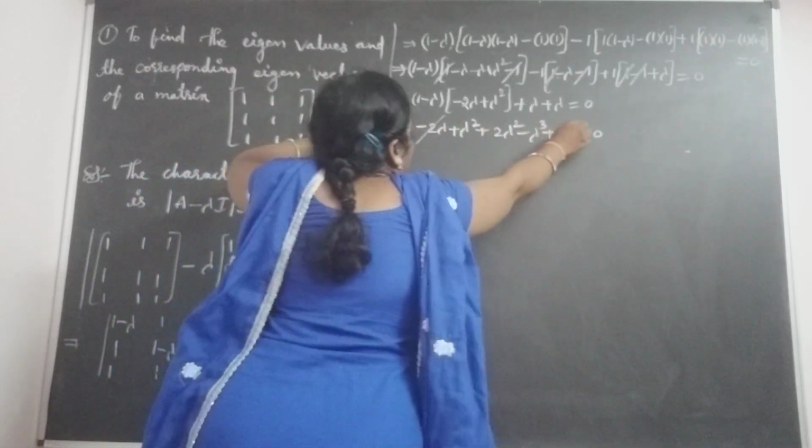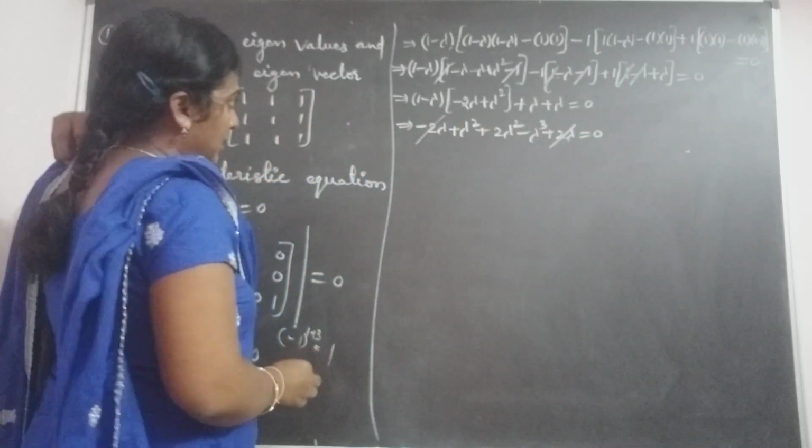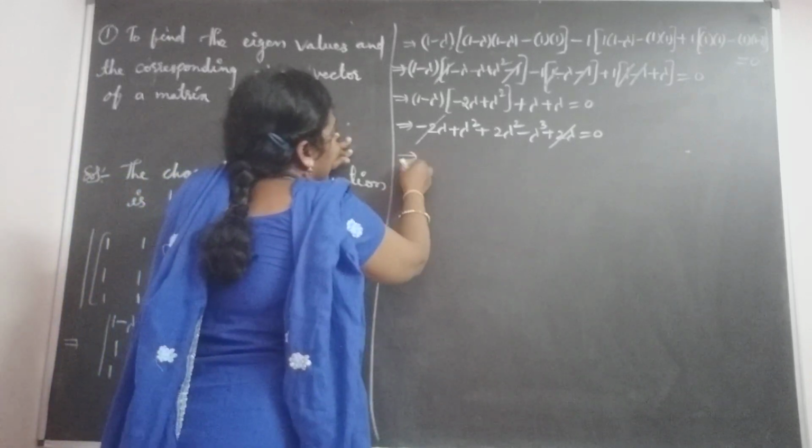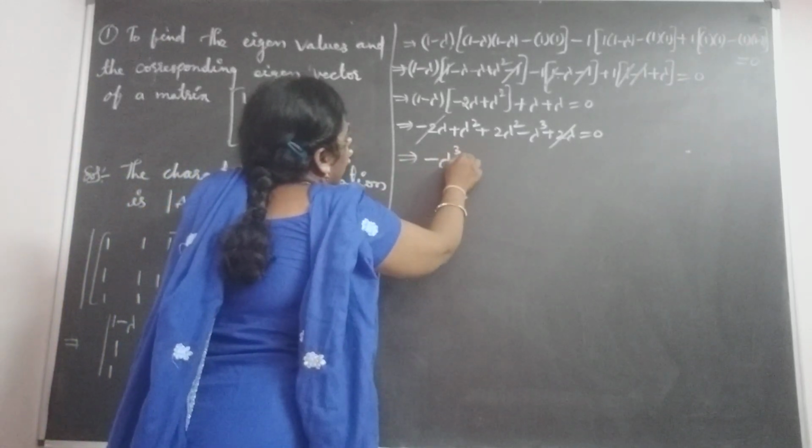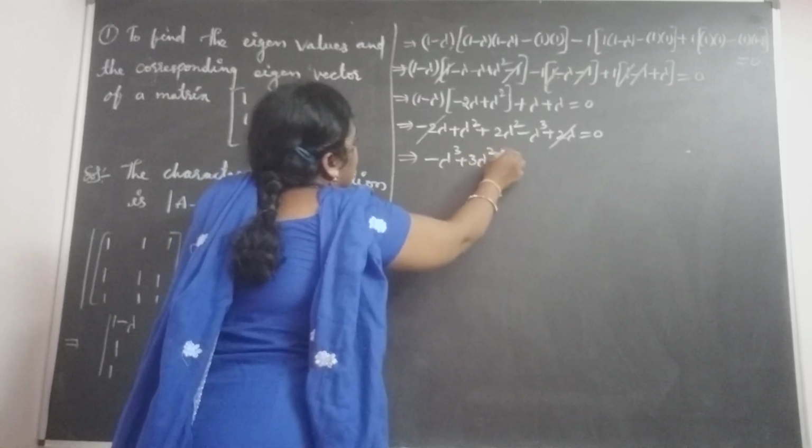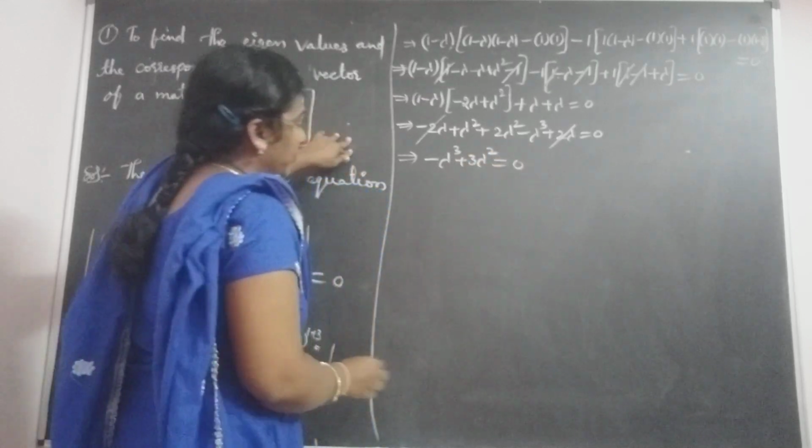The minus 2 lambda and plus 2 lambda cancel, leaving minus lambda cube plus 3 lambda square equal to 0.